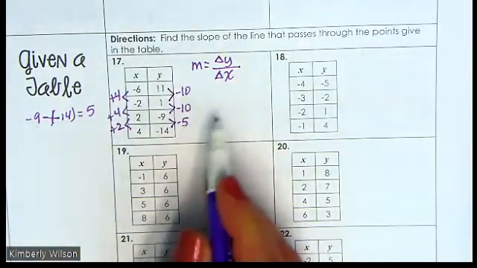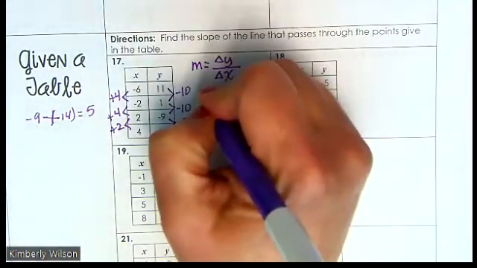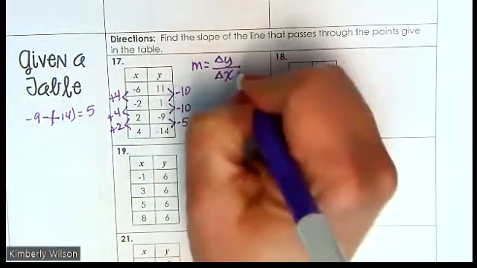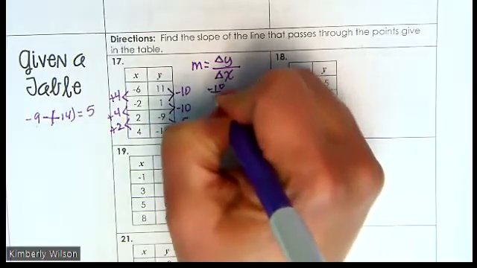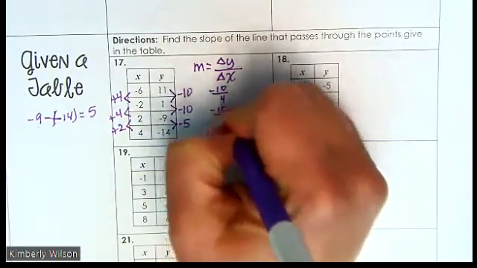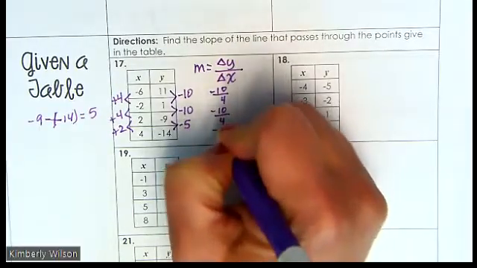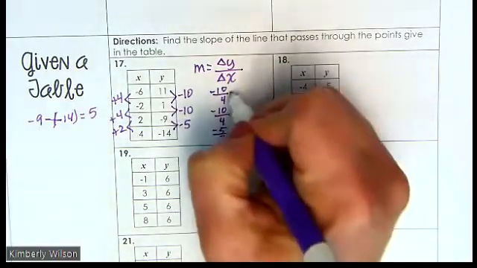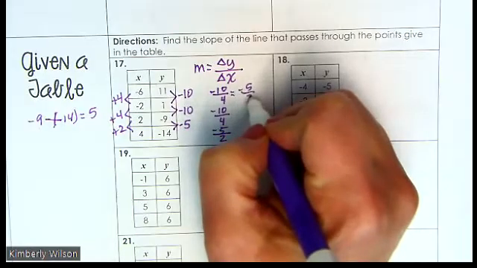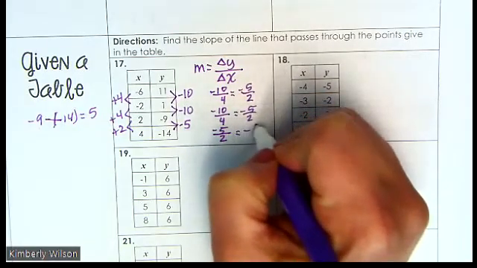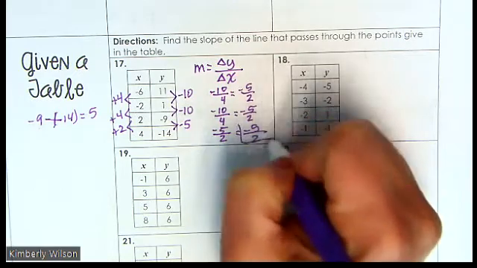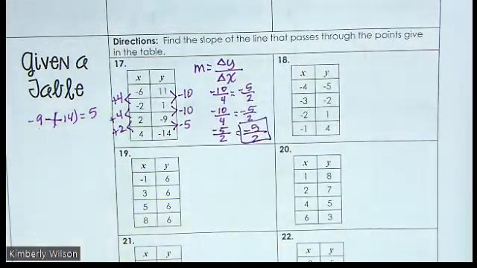So you can see that for all of these, remember, it's the change in Y over the change in X. So I have -10 over 4, -10 over 4, -5 over 2. And you'll notice all of these simplify to the -5 over 2. And that is my slope.